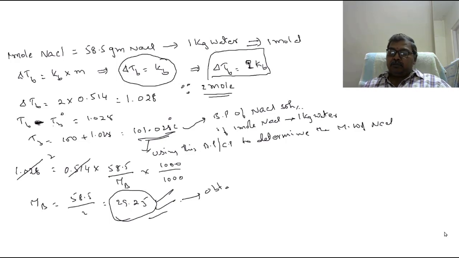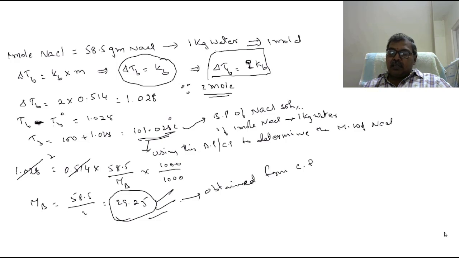So this is the molecular weight of the solute obtained from colligative property. And actually the formula weight of NaCl is 58.5. But from colligative property we got the molecular weight as 29.25.